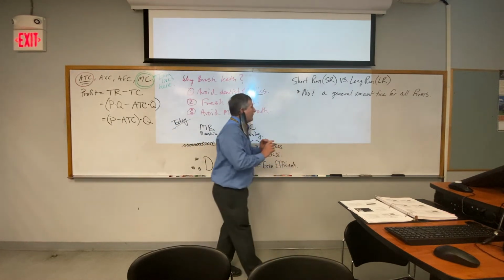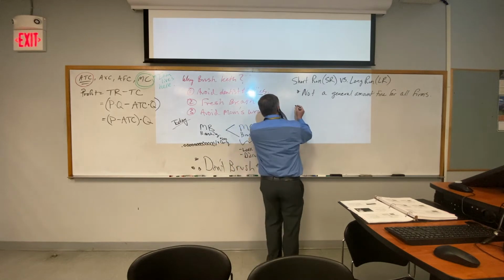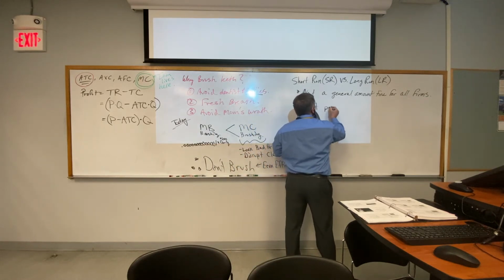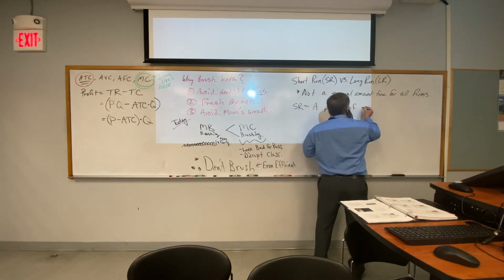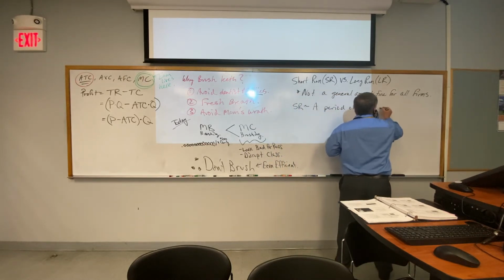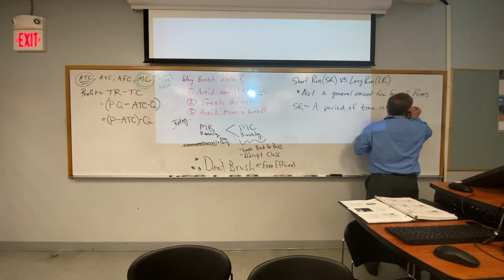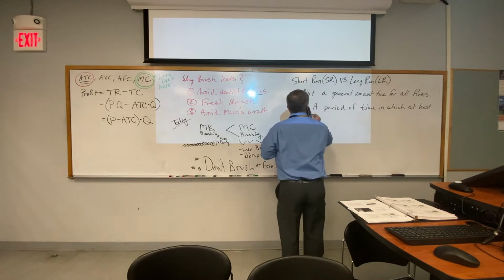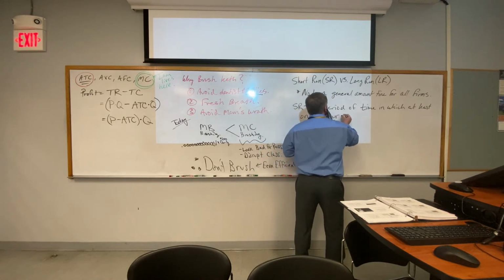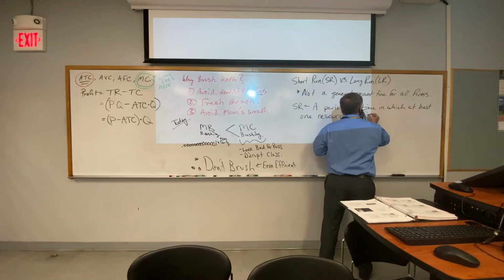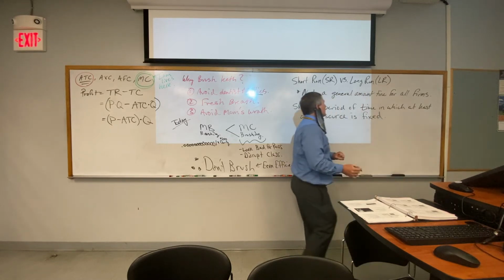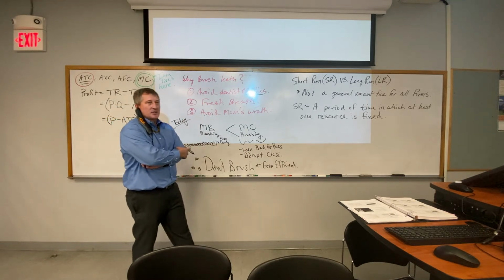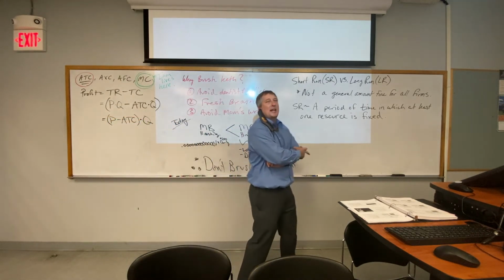And so the definition for the short run: the short run is a period of time in which at least one resource is fixed. A period of time in which at least one resource is fixed. In other words, you can't change it.